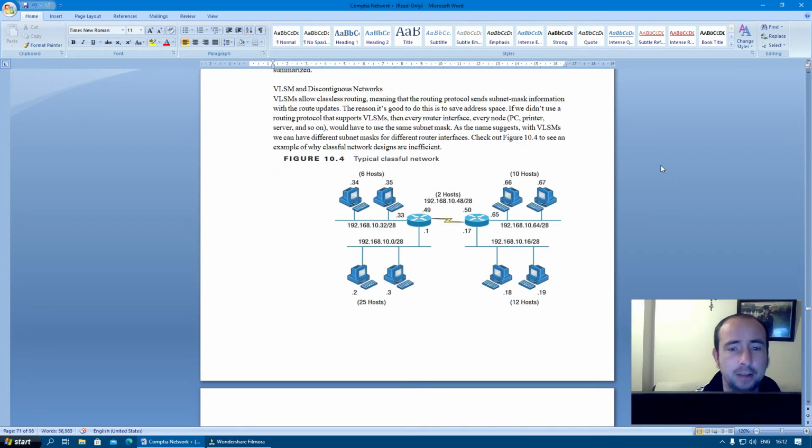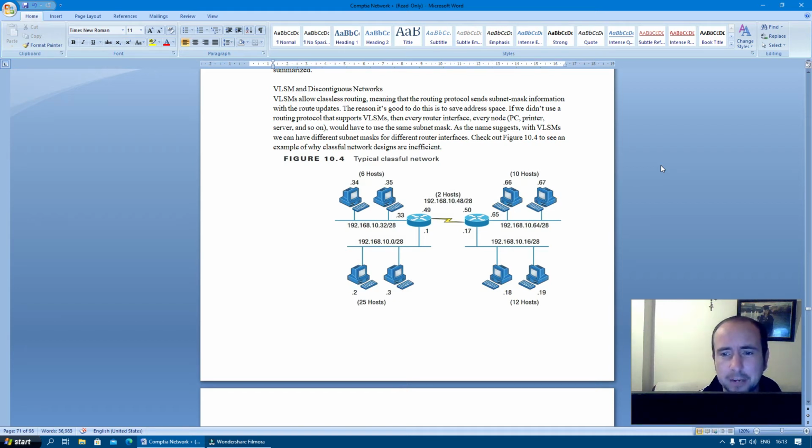VLSM and discontiguous networks. VLSMs allow classless routing, which means that the routing protocol sends subnet mask information with the route updates. The reason it's good to do this is to save address space. If we didn't use a routing protocol that supports VLSMs, then every router interface, every PC node, PC printer, server and so on would have to use the same subnet mask.